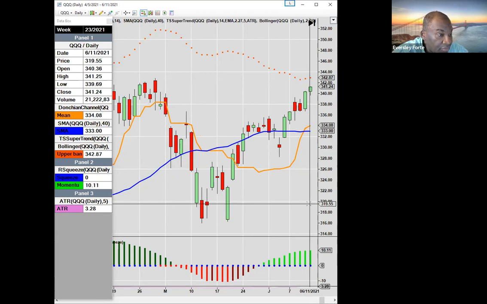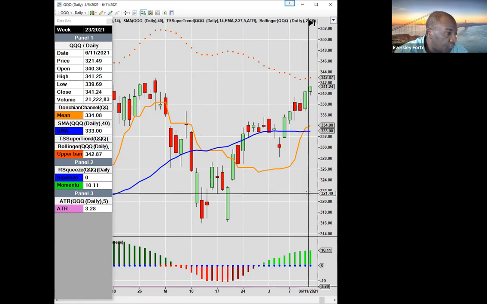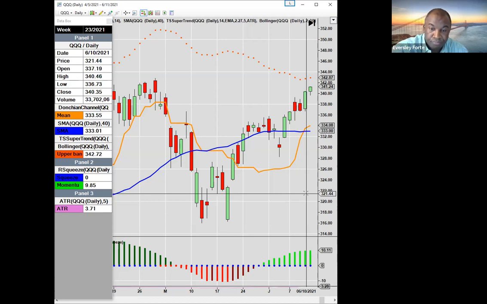The next day, the market opened, see the open price up here on the data box. The next day, the market opened at 340.36. What is 340.36 added to $3.71? What's that value?